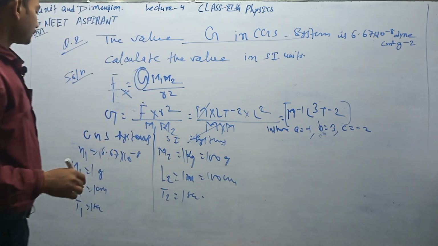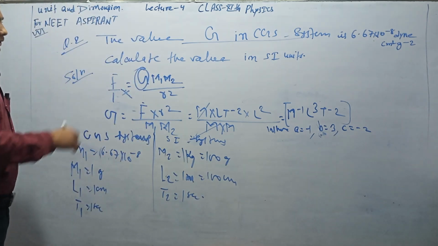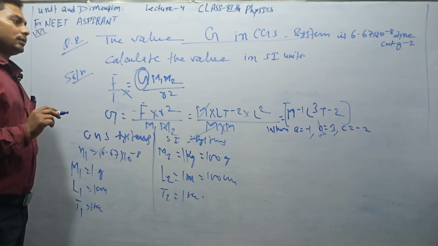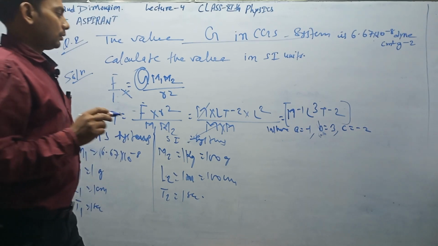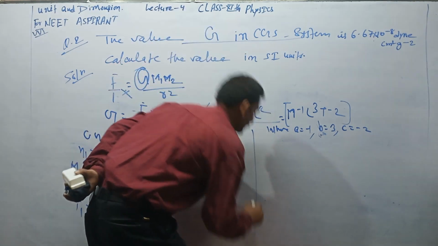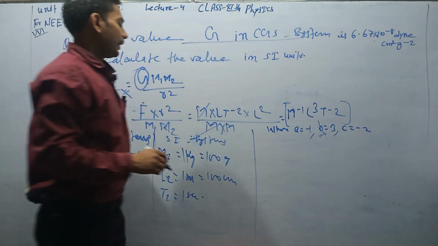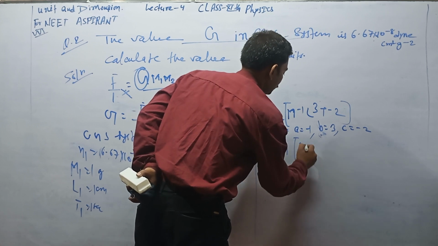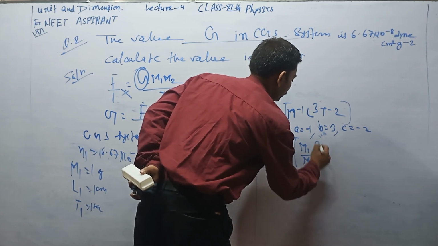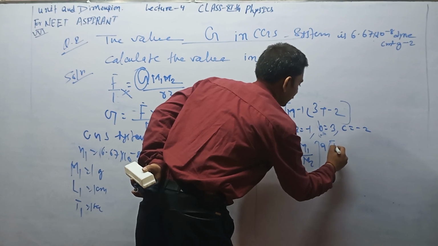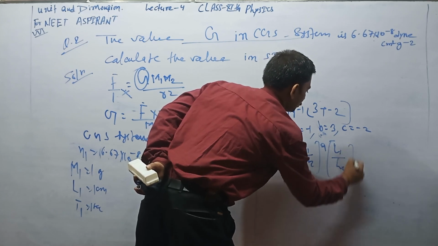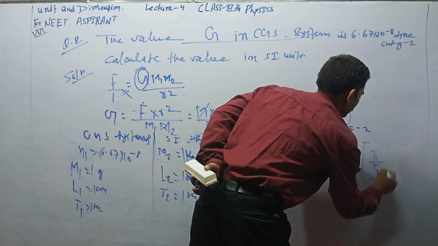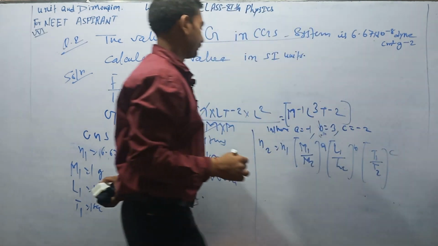So now put the values in the standard equation: n2 equals n1 (M1 upon M2)^a (L1 upon L2)^b (T1 upon T2)^c.